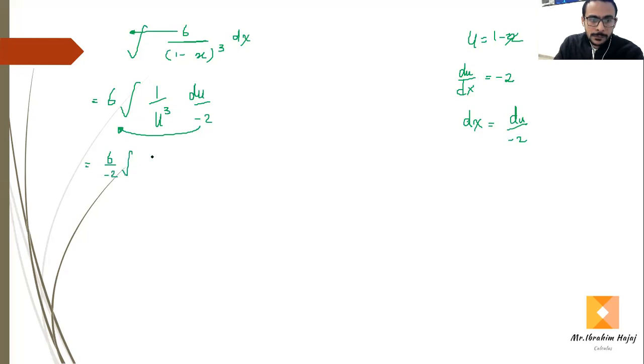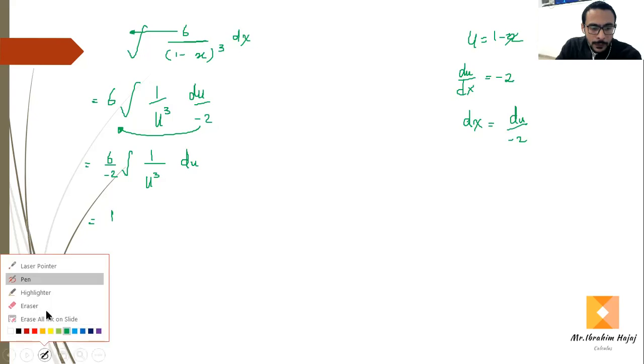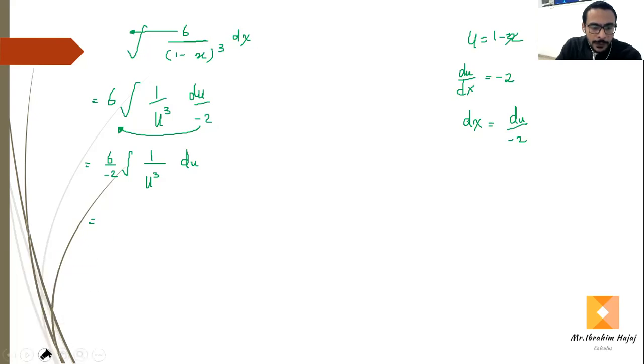Also the 6 we let outside, so we have 1 over u cubed du. The 6 simplified with the negative 2 becomes negative 3.